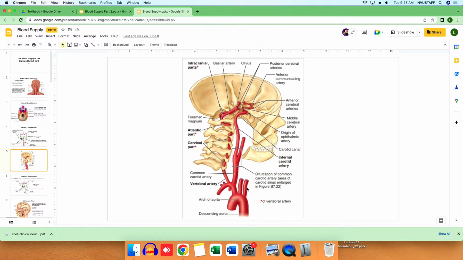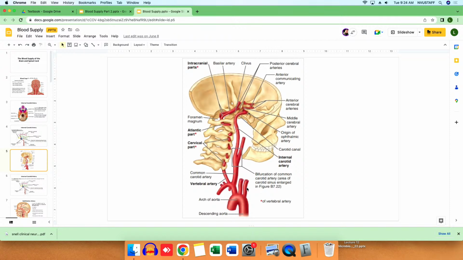Okay, so why I'm saying that, I want you to understand one important thing, that the subclavian artery, although yes, it mainly gives rise to the blood supply of the upper limb and all of its structures, it contributes to the blood supply of the brain as well, and not only the brain, the spinal cord even.